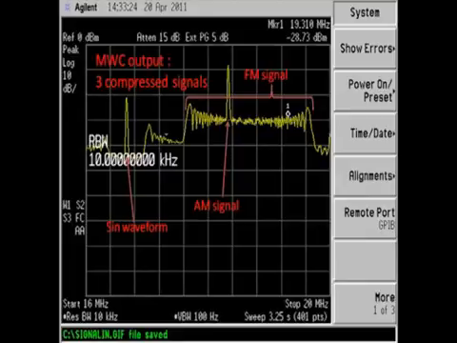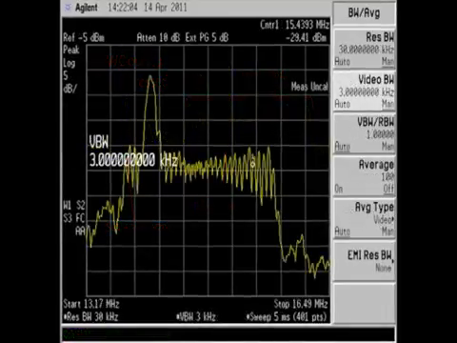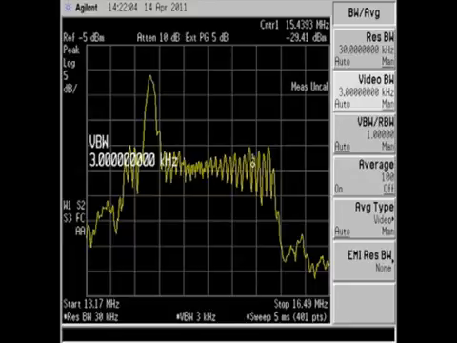So this demonstrates that we can move the signals from many 100 megahertz down into a range between 0 and 20-something megahertz.